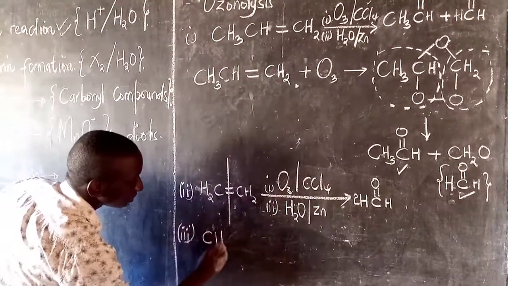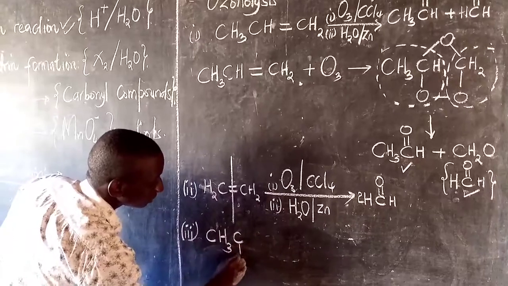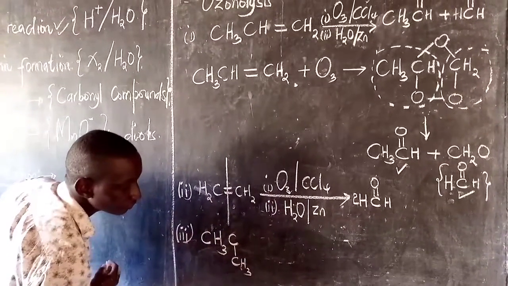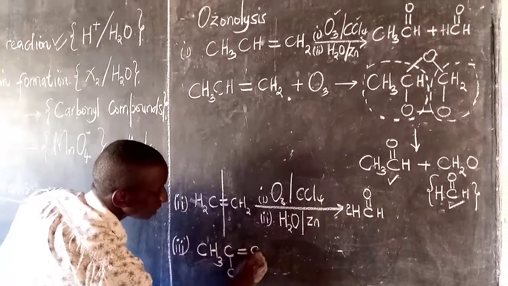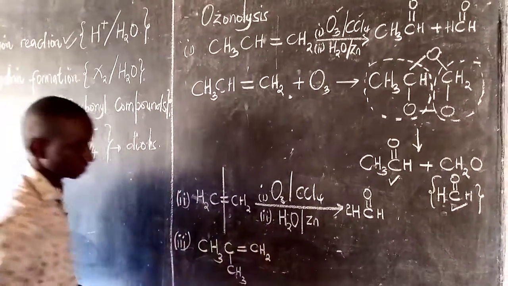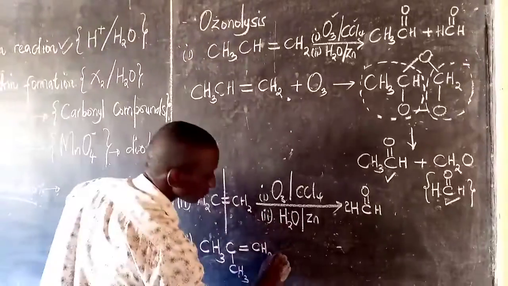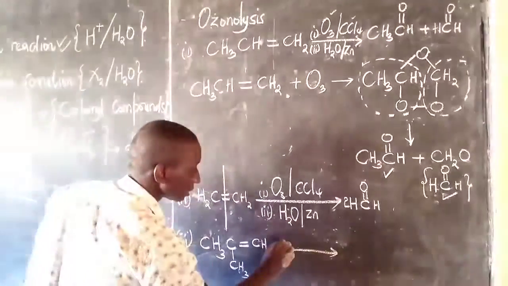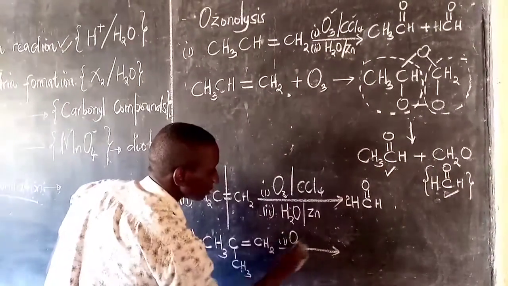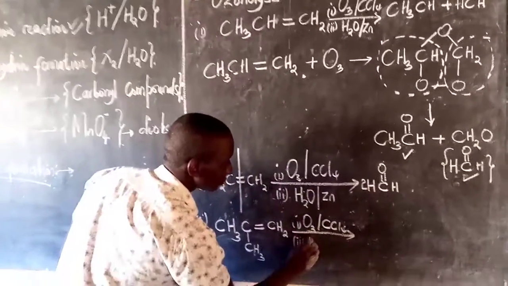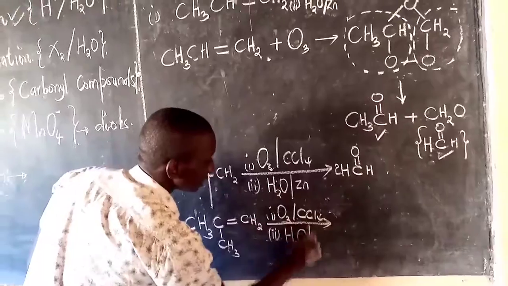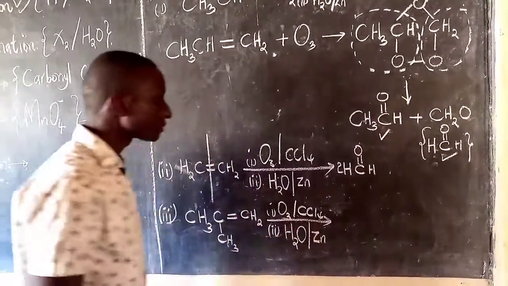Example 3 gives us CH3. Let us branch it to that. And then maybe we come up with a double bond like that. Then what? And a CH2. We come and bring the first reagent to be added, which is ozone. Then the second reagent to be added is the water, in the presence of zinc.